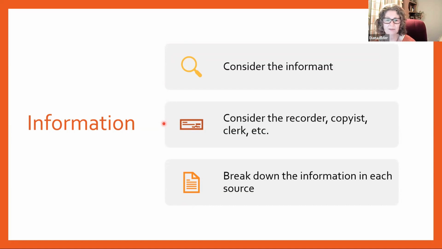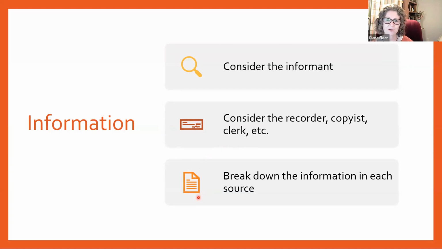Would they know how to spell German surnames? Would they have just written it however it sounded? We can often learn a lot more about the records and the information in those by seeing who this is. And we don't always know, but it can be helpful to see, oh, it's the same county clerk, and he has been the county clerk for 10 years. He knows everybody in the county, that type of thing that can help us.